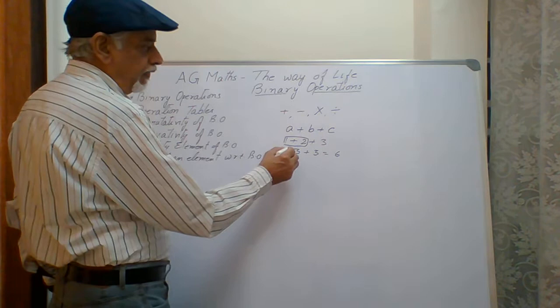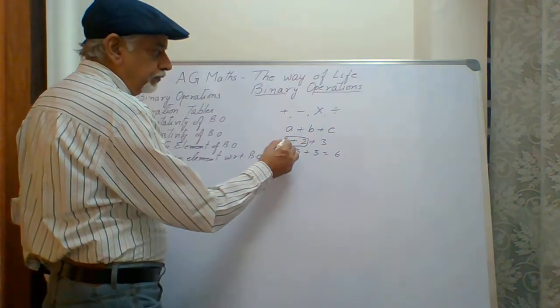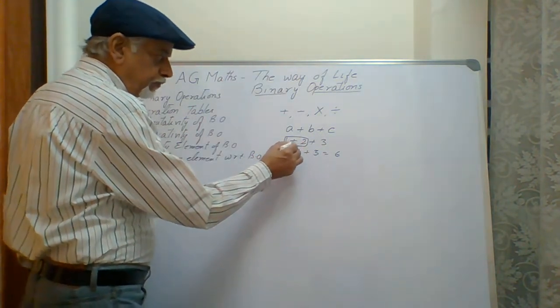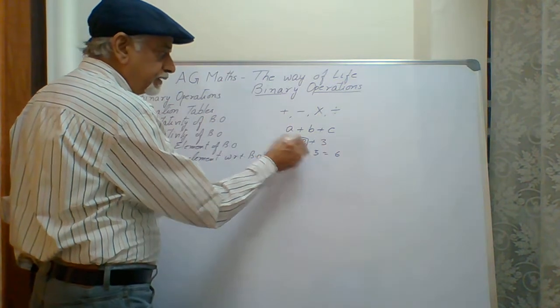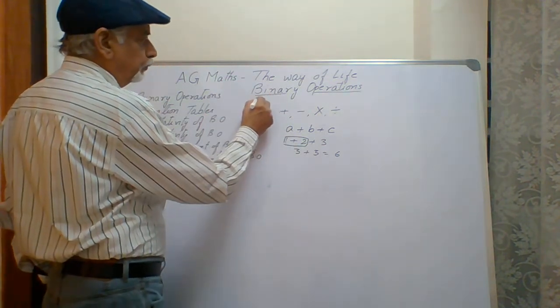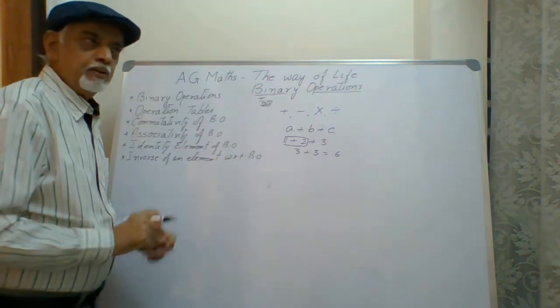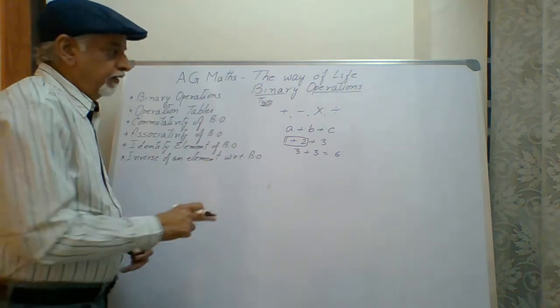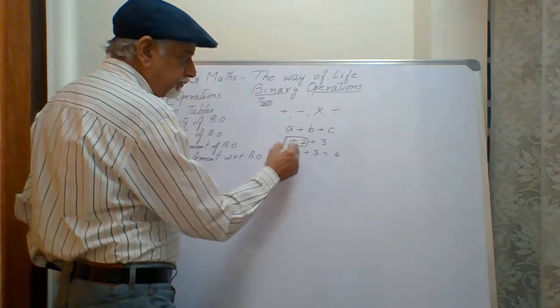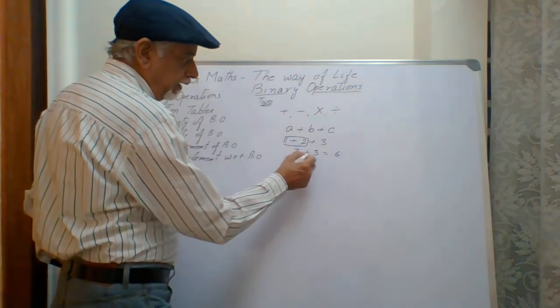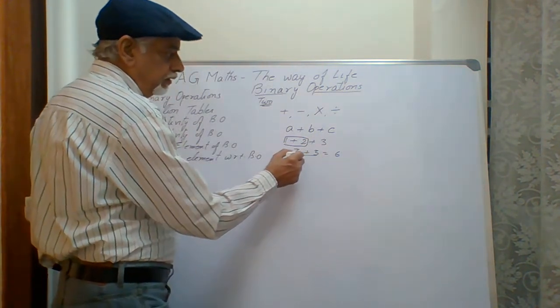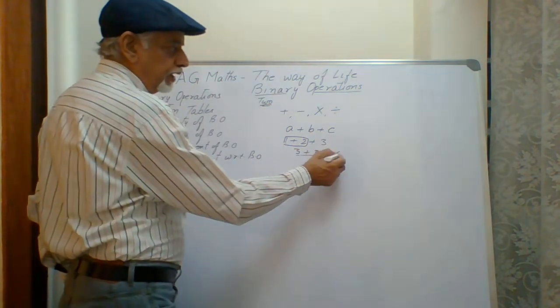So what I did was combine two elements to perform one operation. Binary means 2, so it is an operation between two elements only. After this 3, I took the last 3 and again combined these two numbers to form the answer 6.